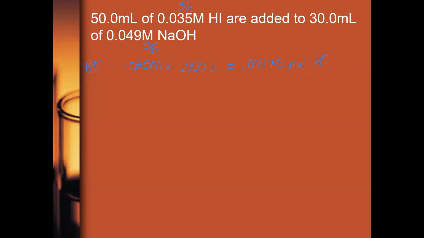For sodium hydroxide, our molarity is 0.049. Multiply that by our volume of 30 milliliters, so 0.030 liters, which means we have 0.00147 moles of hydroxide.